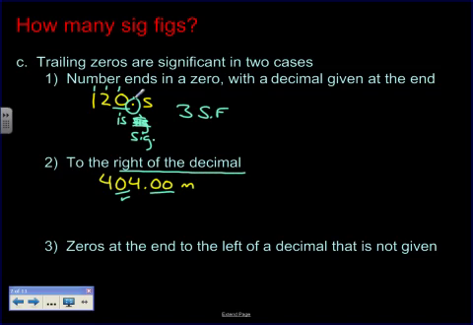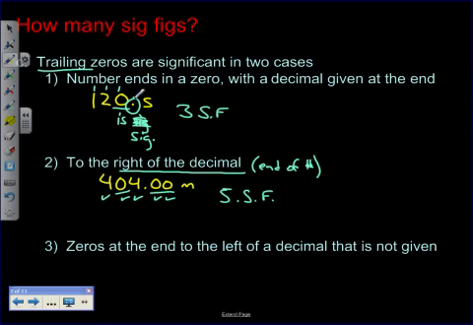But the 2 zeros at the end of the number, trailing zeros to the right of the decimal, are significant. And you see that coming up there too: if they're to the right of the decimal at the end of the number, they are significant. So in this case, the 4 and the 4 are significant, the 0 in the middle is significant, and the 2 zeros at the end are also significant. So that means 5 total significant figures.